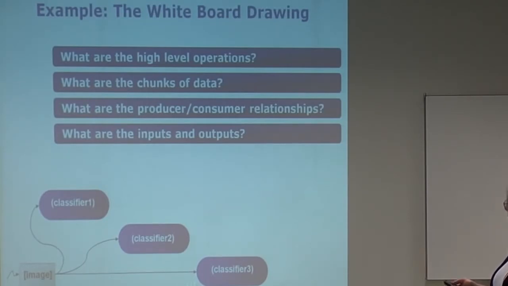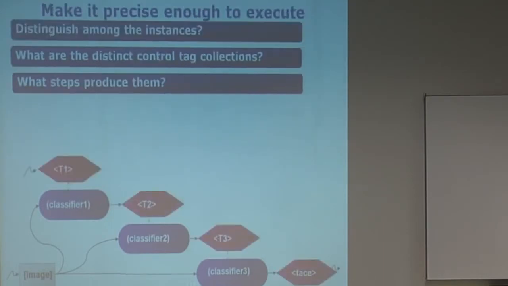So up to the whiteboard drawing, we just have this image, and we have all this set of classifiers here. And the consumer relationships, there's no producing here at this level. And then we go to the next phase, and all the work here is done in the tags. So this initial tag set is all the windows of all the frames, and they might be coming in continuously.